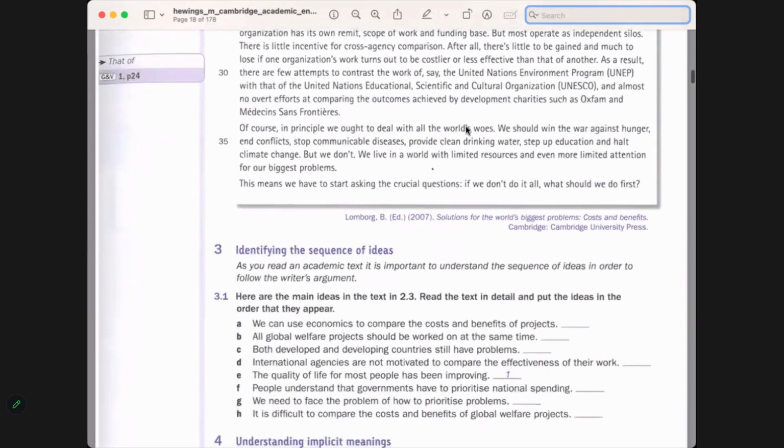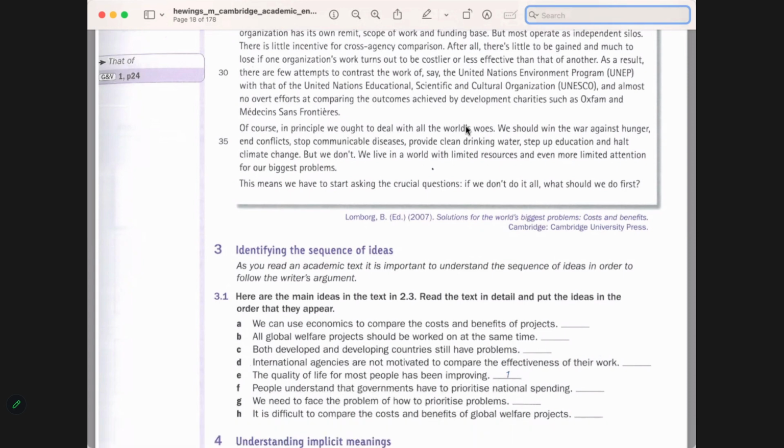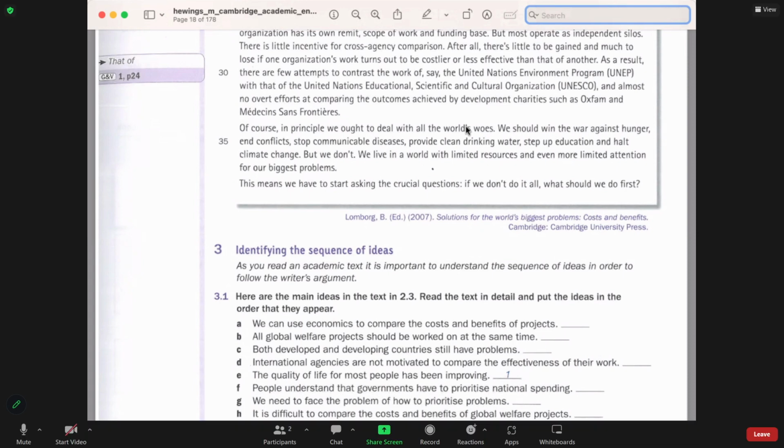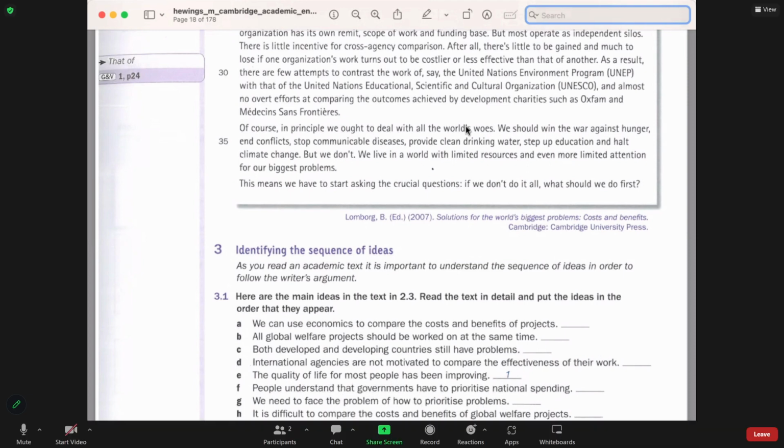Which one? Which idea? Is it B? And the last one?